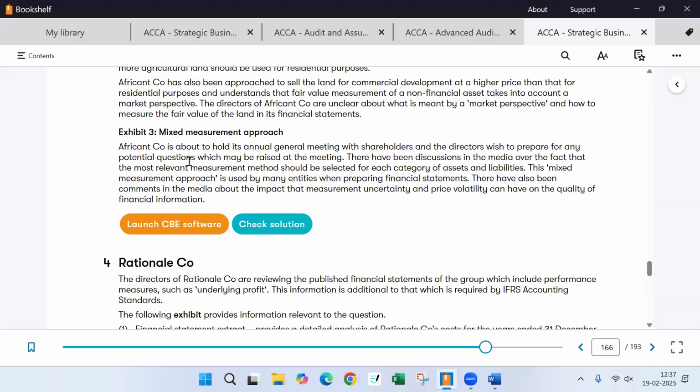Correct? So most accounting measures of assets and liabilities are uncertain and require estimation, isn't it? With a historical method, it is easy for us, correct? If you use one single approach, like the historical method, it is easy for us to identify the cost, isn't it? But when you use a mixed measurement approach, calculating the fair value relies on various management estimates and bias. Correct? So there is high uncertainty that there will be bias from the management. Further, if the asset or liability is highly volatile, then what happens?